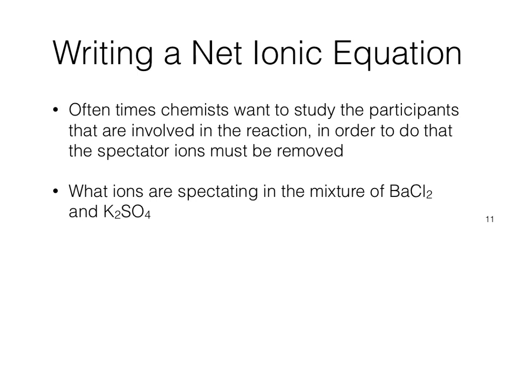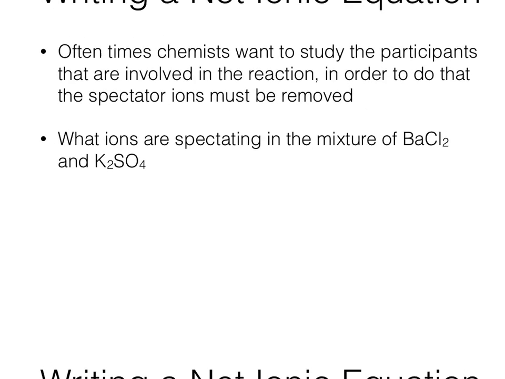The trick with spectating ions is that we have to think about what they do in this situation. So to write this, we would take barium chloride goes to, plus K2SO4.